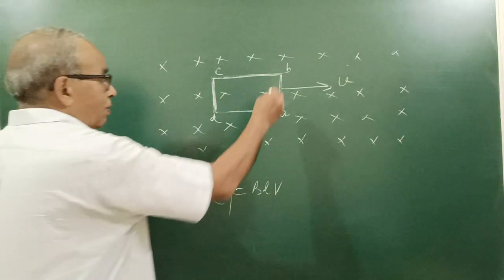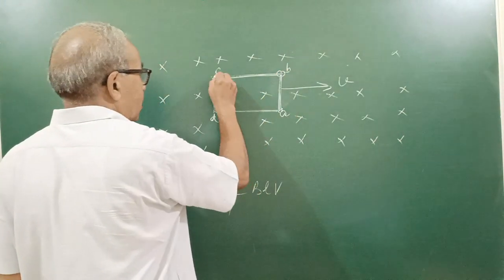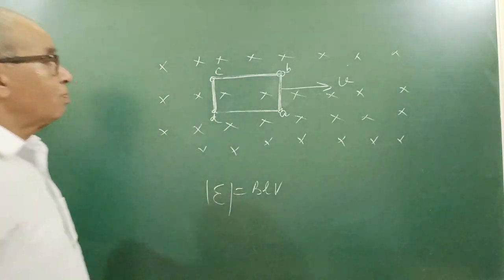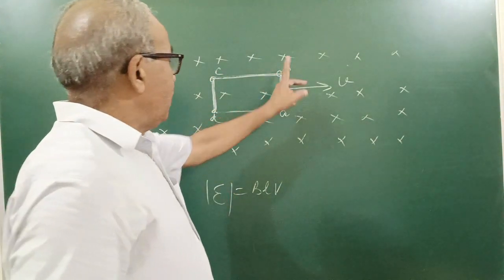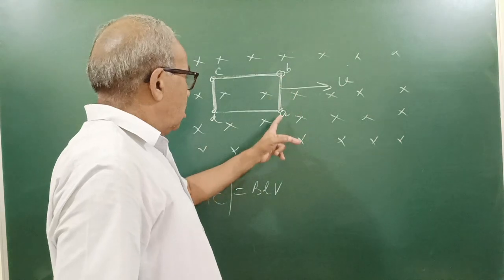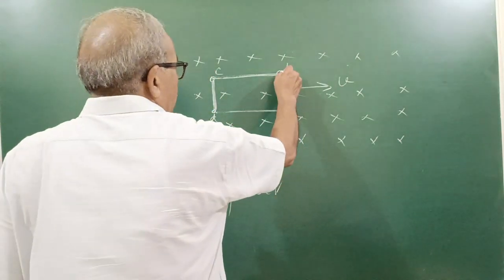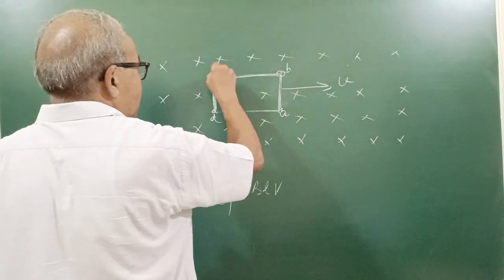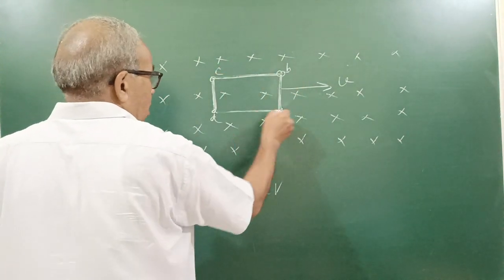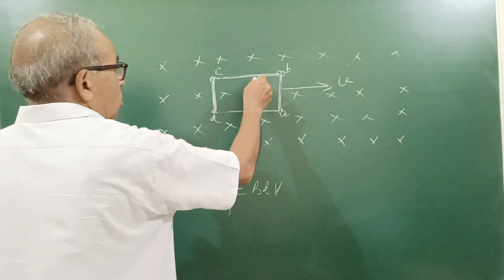There will be a potential difference across this that has the same value. Potential at B, potential at A, potential at C and D. So the potential at B and C is the same, and at A and D is the same.